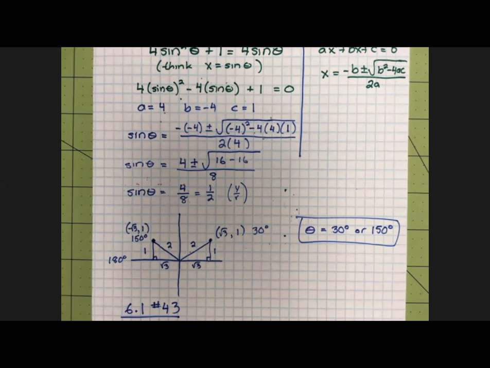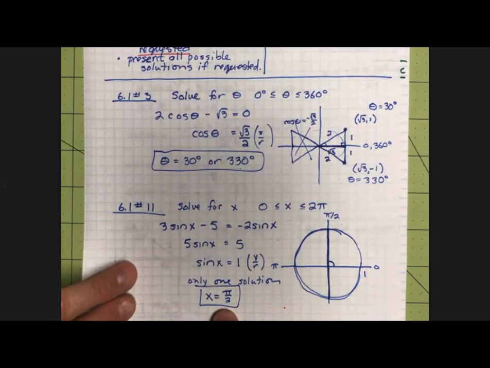Problem 43, it says, write all of the solutions to problem 11. And we said that earlier, but I just want to write it down. Problem 11, if I bring it back here, only had one answer between 0 and 2 pi. And that was x equals pi over 2.